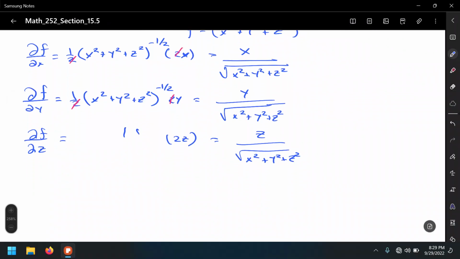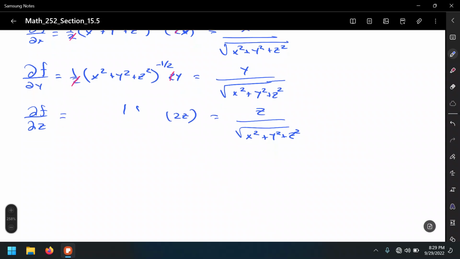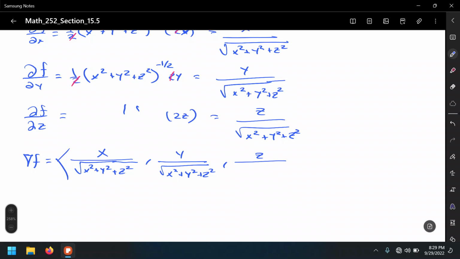All right. Interesting. So nabla f, that's the gradient vector. That's going to be x over the square root of x squared plus y squared plus z squared, comma, y over the square root of x squared plus y squared plus z squared, comma, z over the square root of x squared plus y squared plus z squared.